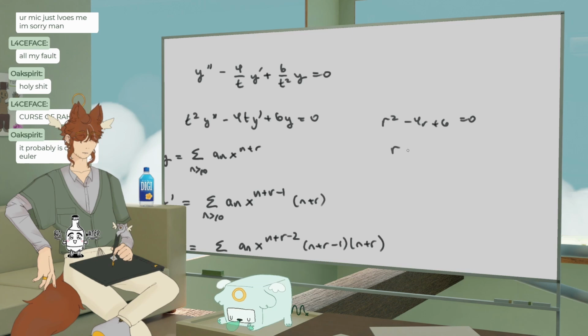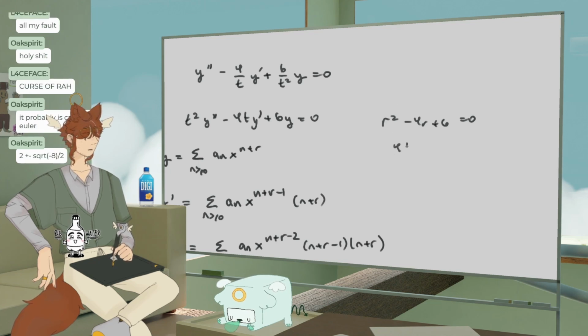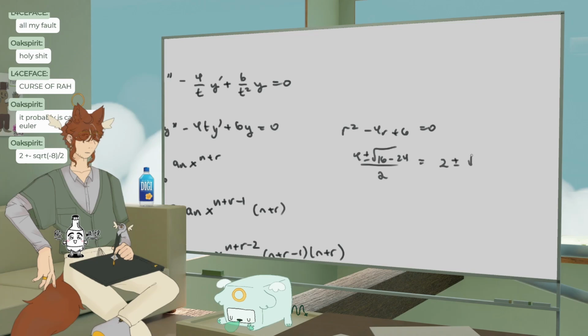So what do we have? We have r equals... it's probably going to be 4 plus or minus the square root of 16 minus 24. Oh, it's going to be i's. Plus or minus the square root of negative 8.